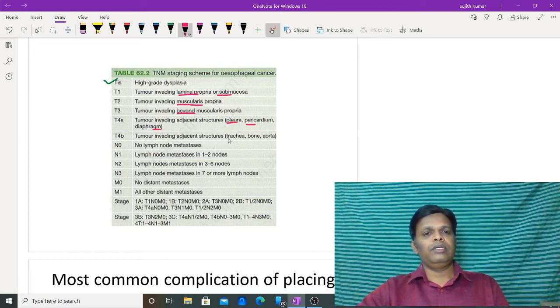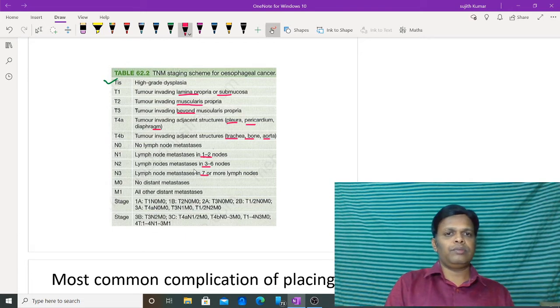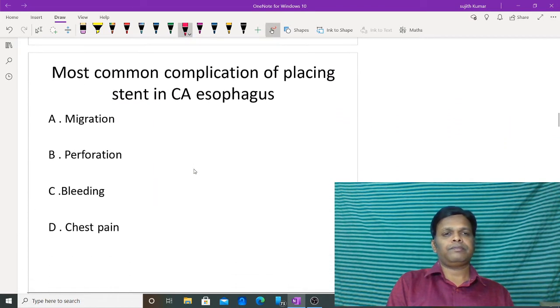Whereas T4B is involvement of adjacent structures like trachea, bone, and aorta. And if you take the N status, 1 to 2 nodes is N1, 3 to 6 is N2, 7 or more is N3. Okay, this is about the TNM staging of esophageal cancer.